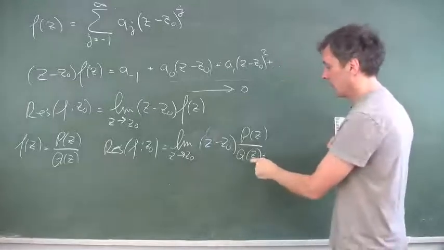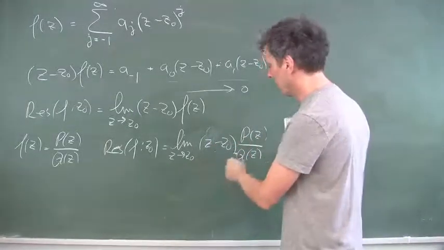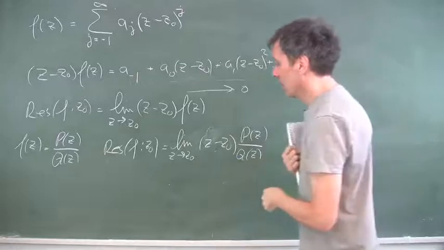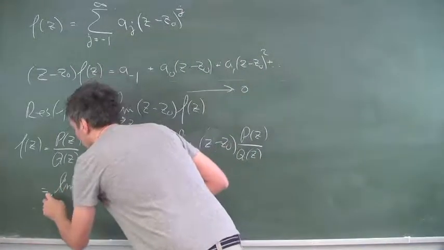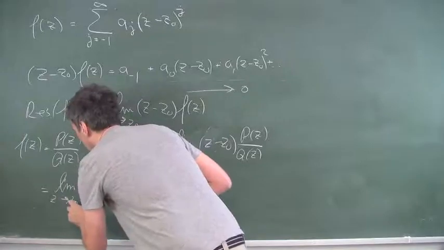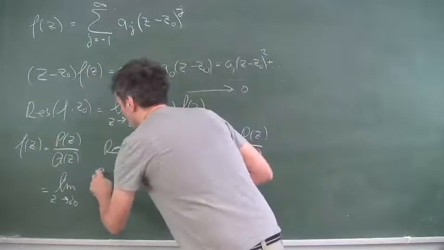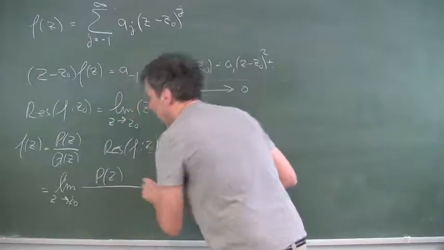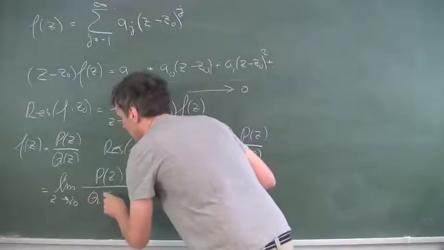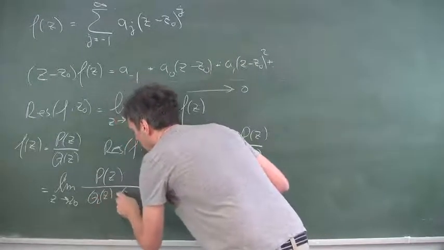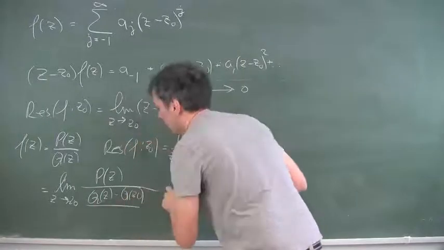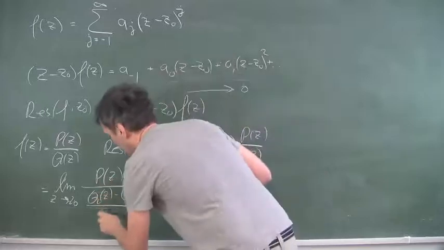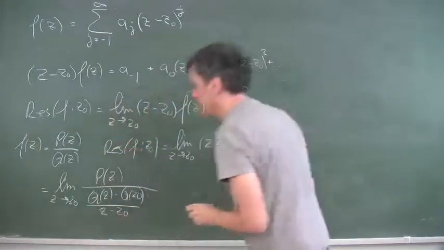But now if z0 is a zero of Q(z), then you can rewrite this in the following way. We rewrite it as P(z) divided by (Q(z) minus Q(z0)), and then in the denominator we have the factor z minus z0.